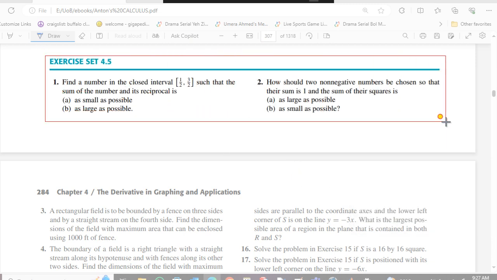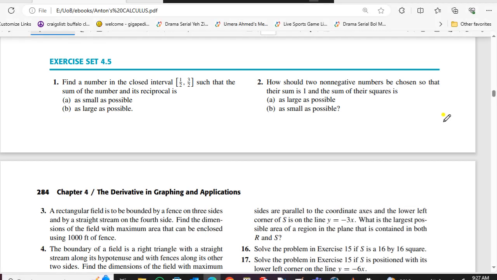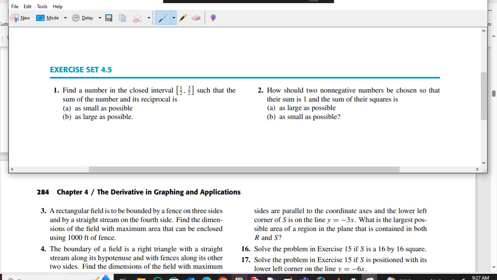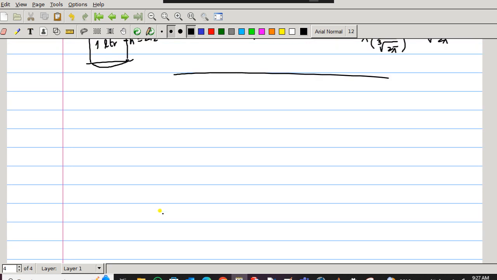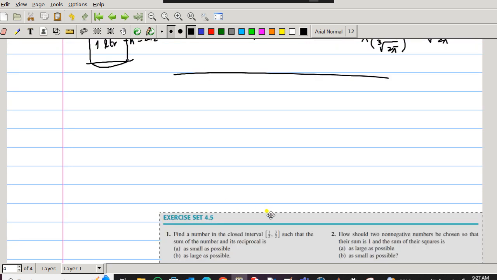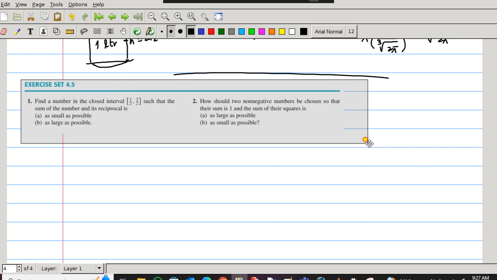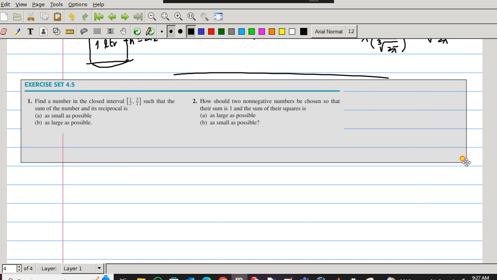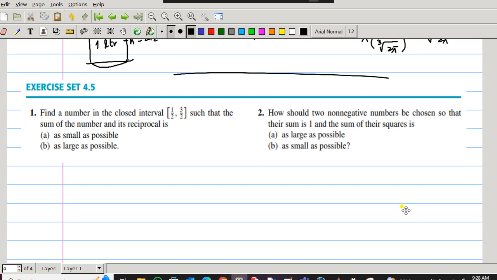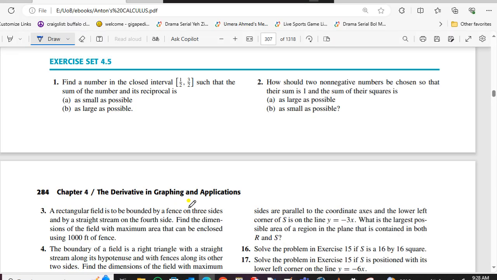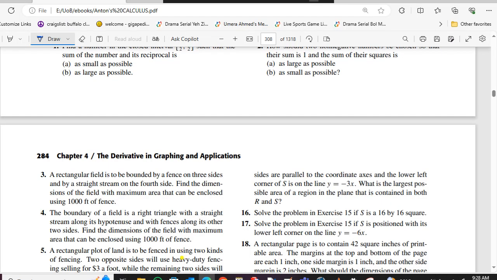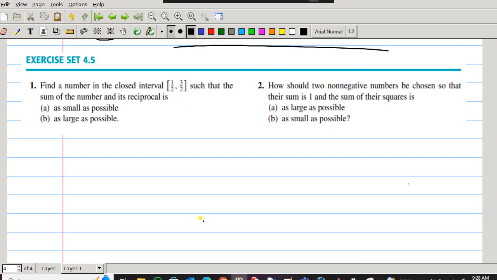I can give you hints for both maybe, and you can complete that. So this is on page 283. So let's see the first one.